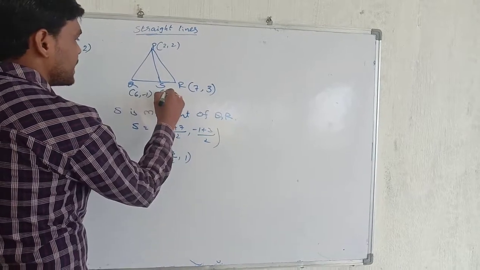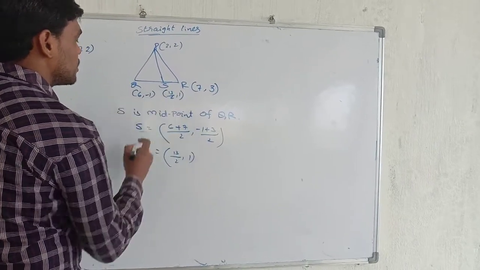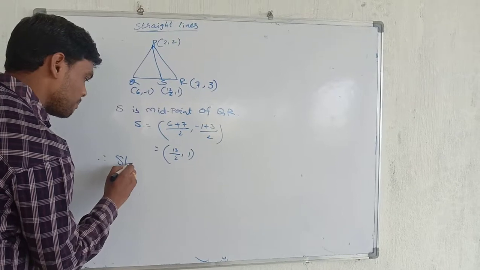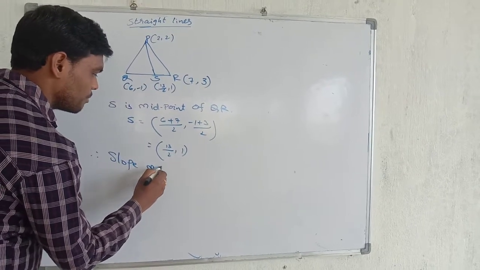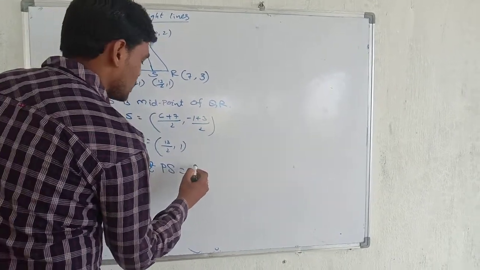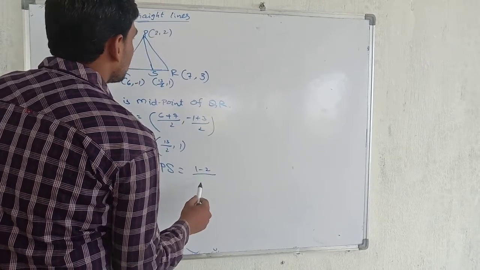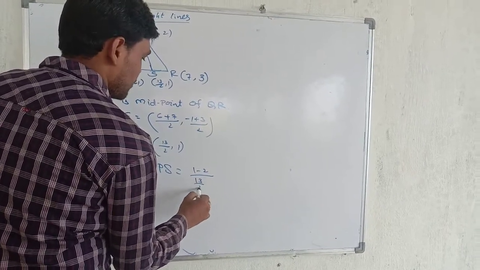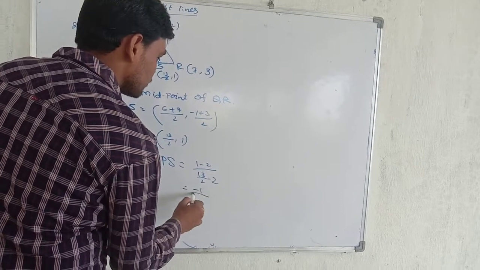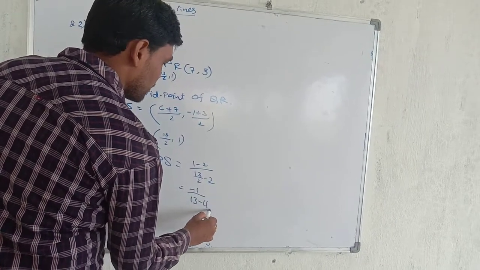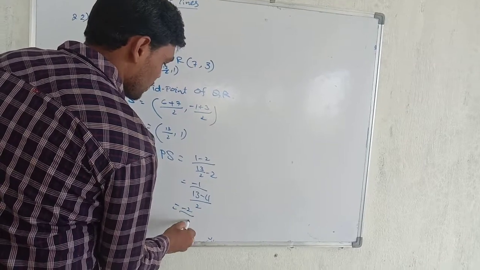Now the S coordinate is 13 by 2 comma 1. And next, the slope of PS is y2 minus y1 by x2 minus x1, which is 1 minus 2 by 13 by 2 minus 2, which is minus 1 by 13 minus 4 by 2, and this is minus 2 by 9.